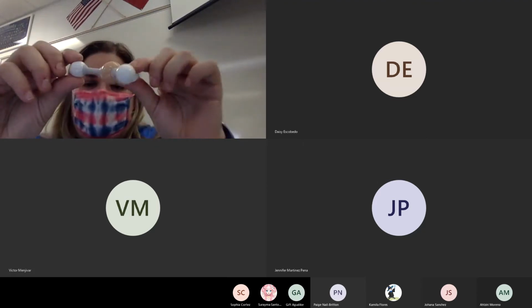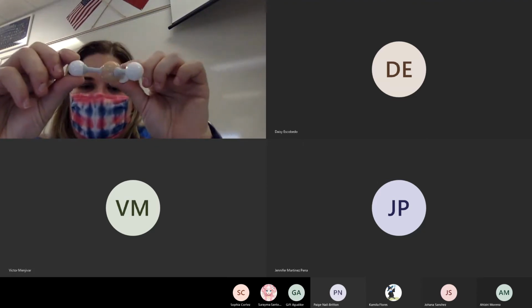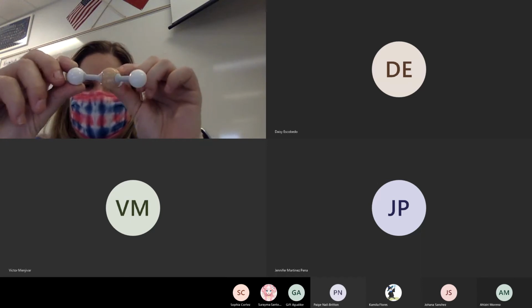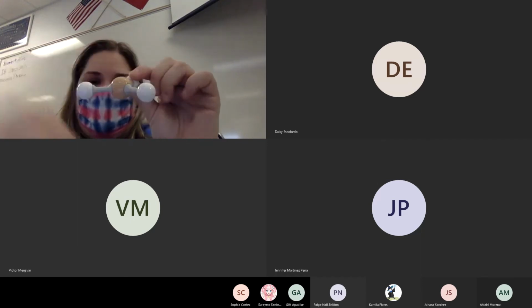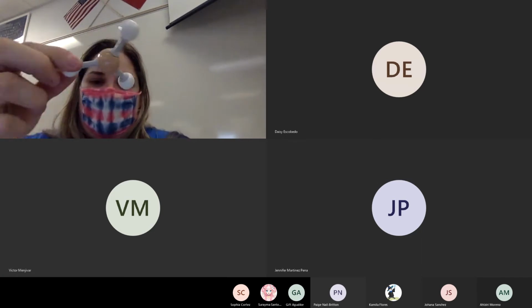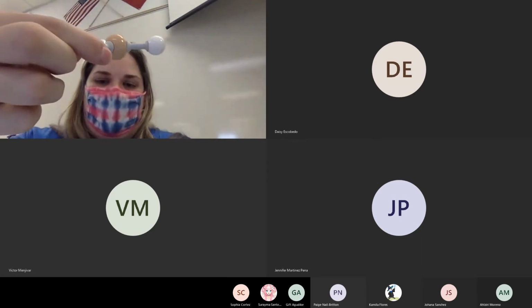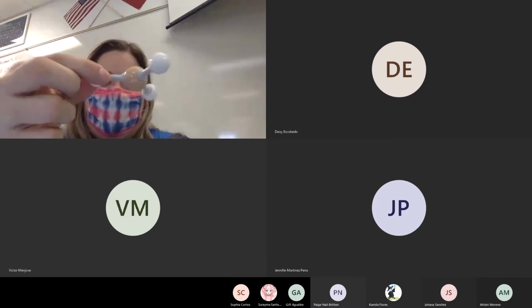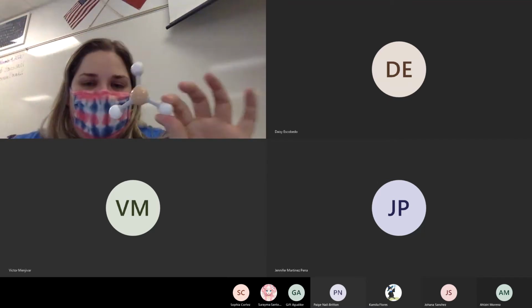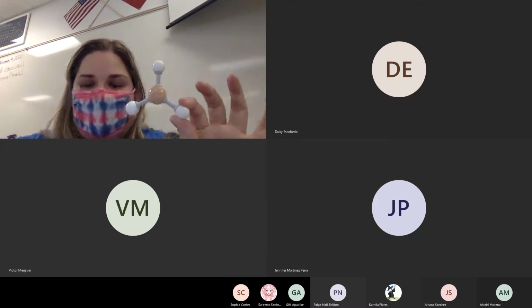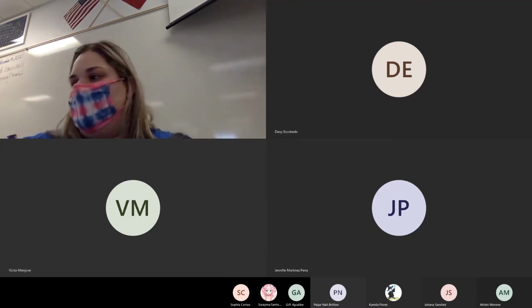In geometry, remember, if something's in a plane, that means they're all on the same flat surface, right? If I hold it at this angle, you can see that they're all in the same flat surface. If I turn it this way, we can see all of them, but if I turn it sideways, they're all in the same plane, the same flat area. So this one is trigonal planar because it has 3 bonds and no lone pairs on the central atom.